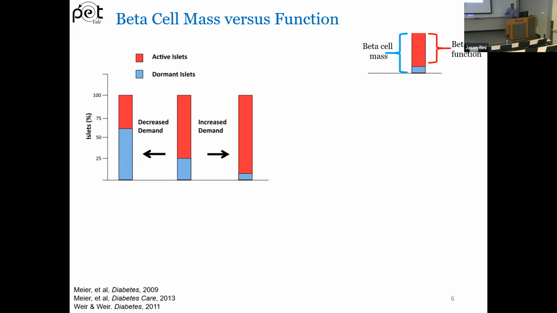Because right now we're just measuring functional by C-peptide or proinsulin. That gives you a surrogate measure, but if you just do mass alone, then you may not know that you have some functional cells also. You're just saying there's a mass of cells there. You're not sure what they're doing. So I think it has to be some sort of combination.